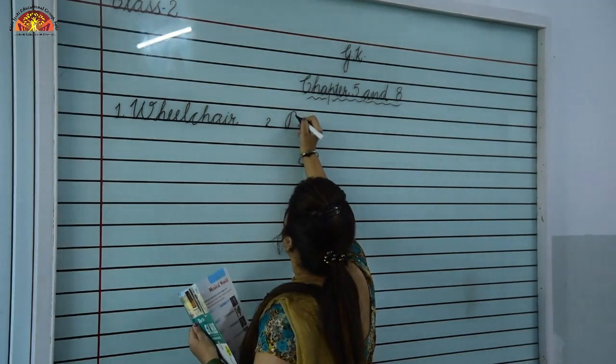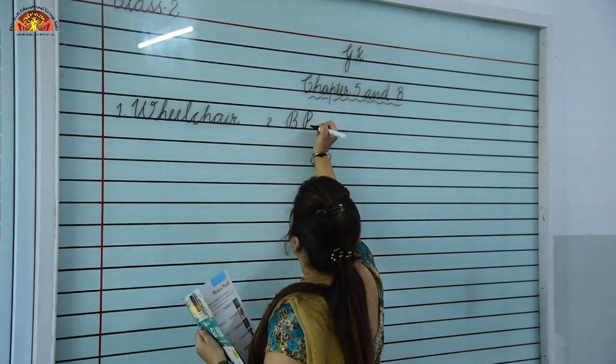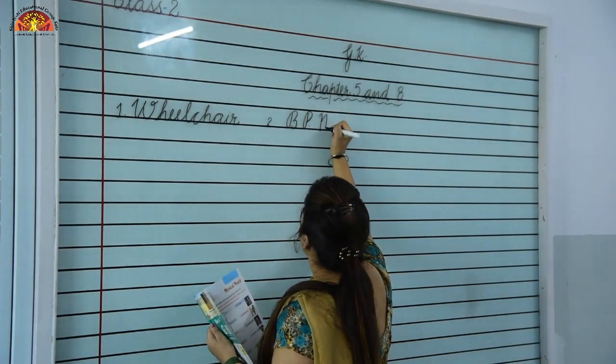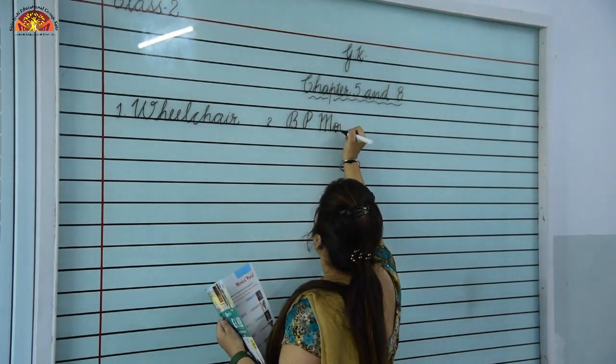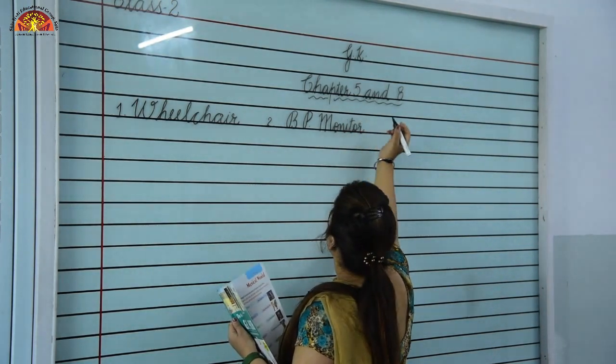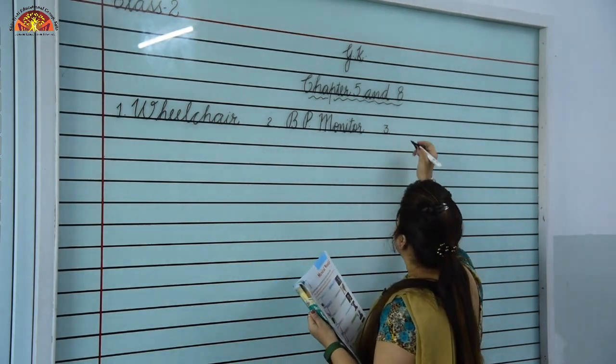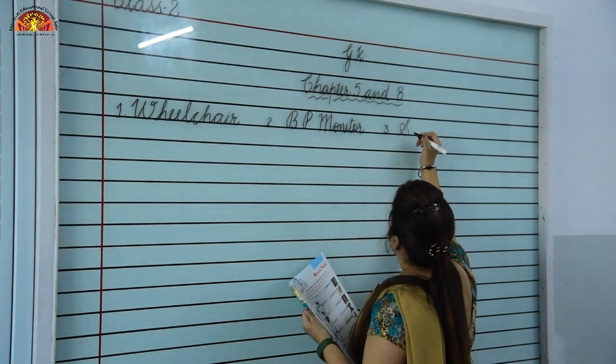B capital, P capital, then monitor. M will be capital. MONITOR, monitor. Number 3. Next is syringe. S will be capital.